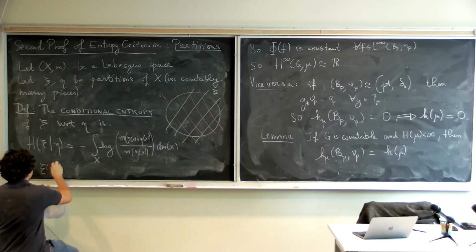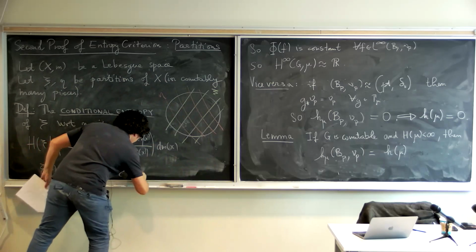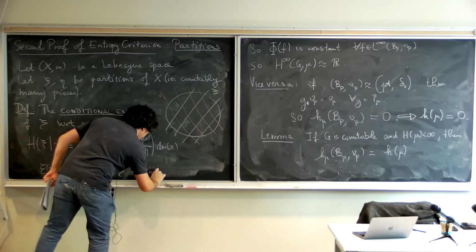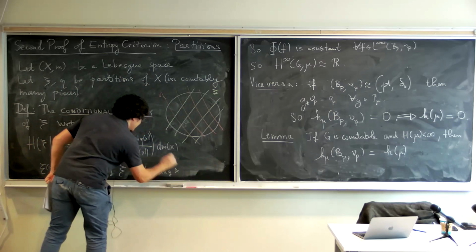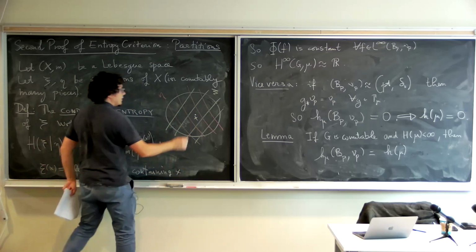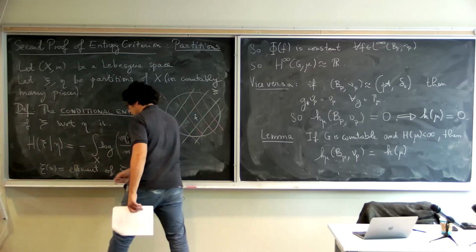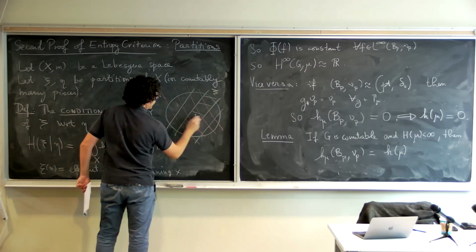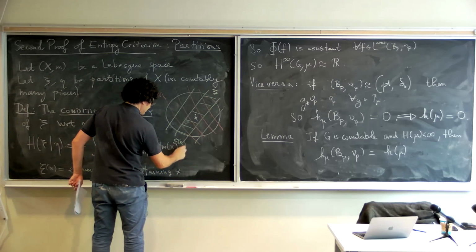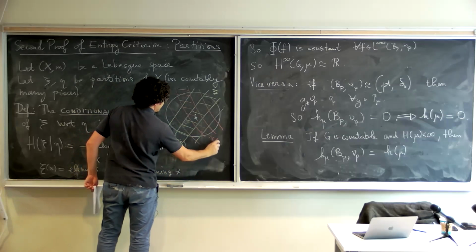Here psi of x is the element of psi containing x. So we pick a point x, and x is in some cell for psi, this is psi of x, and it is also in some cell for eta.